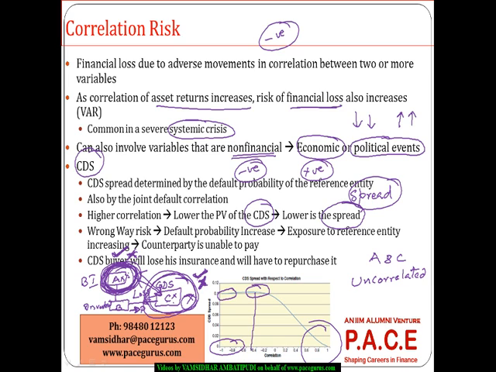And in this case, there is a possibility of wrong way risk as well. Because as the default probability increases here, where the correlation is very high, this entity can default, and because of the high exposure to this entity, even this entity is unable to pay.